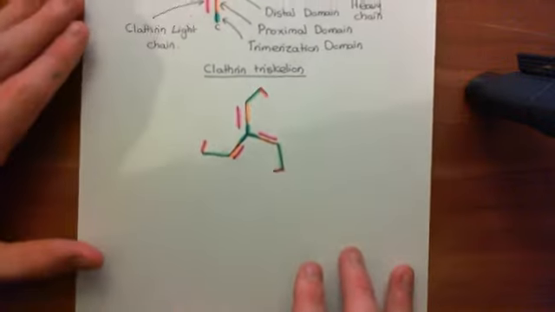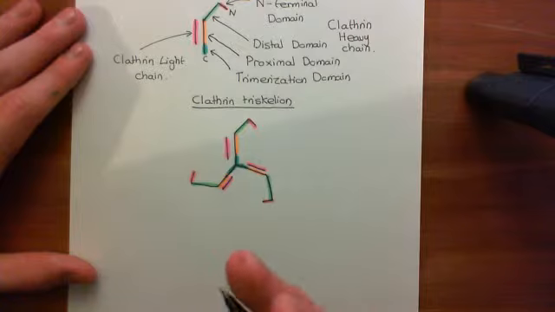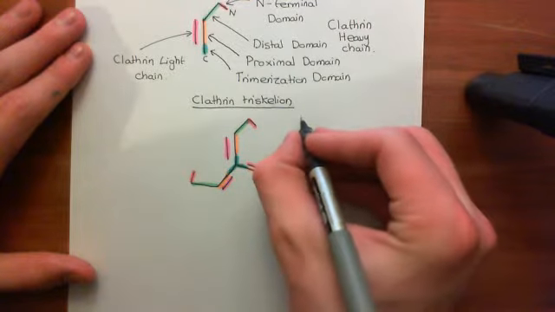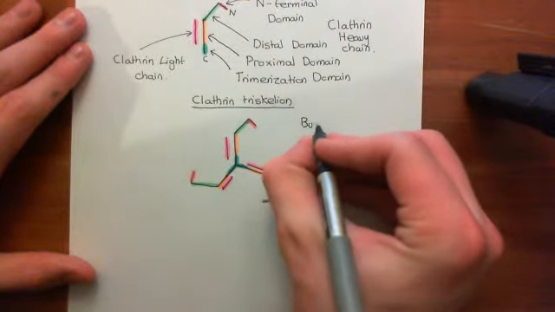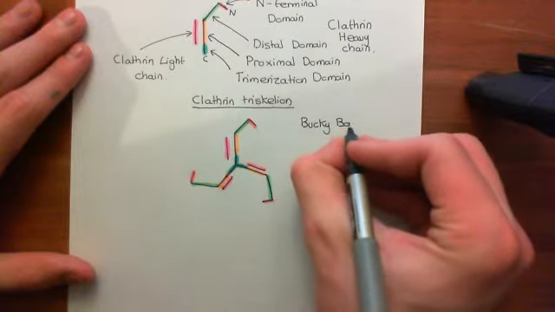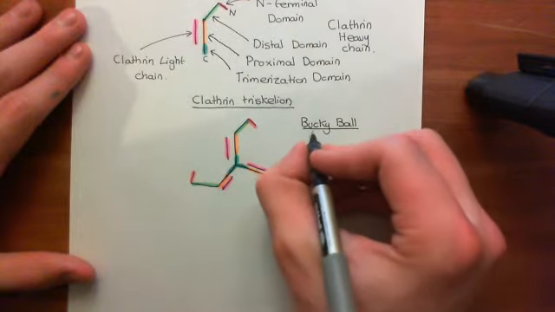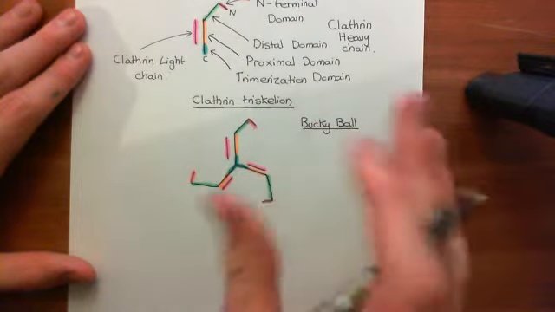Now when Clathrin triskelions polymerize, they form a structure that is very similar to a buckyball. So I want to remind you of what a buckyball looks like. If you are familiar with the structure of a football, then you already know everything you need to know, basically. Or if you're an American, a soccer ball rather than a football.